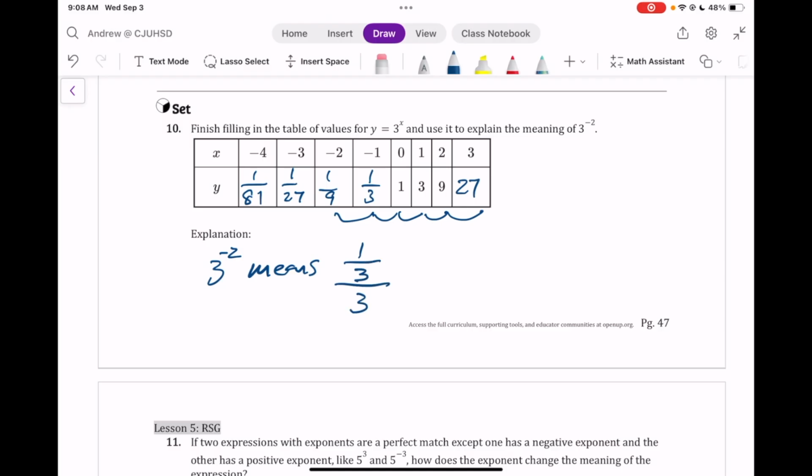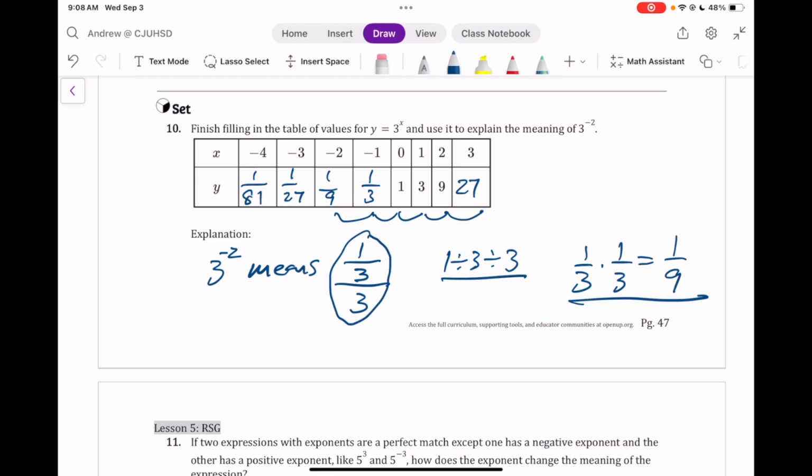Now, I know you've never seen something like that before, but you could do this on a calculator, right? You could go 1 divided by 3 divided by 3. It just means repeat the division by 3. Or in a more friendly way to write it would be 1/3 times 1/3. And so there's where we're getting 1/9 from. So that's kind of weird. This actually right here means 1/9. And so does this one, and so does this one.